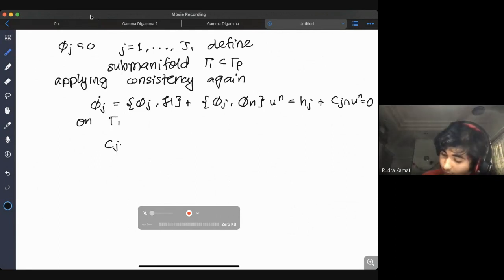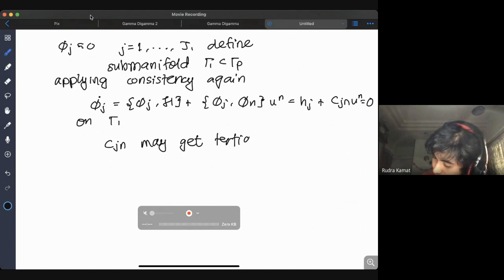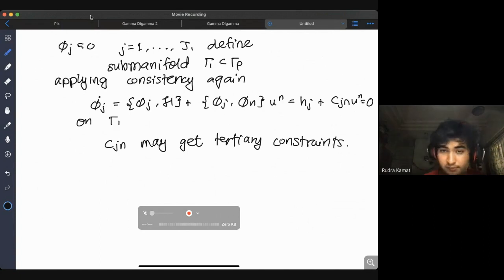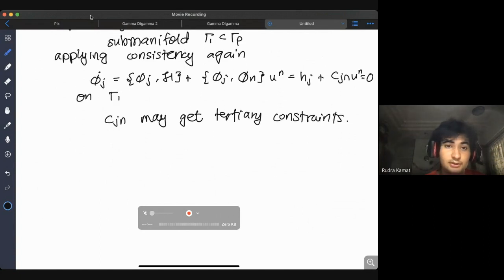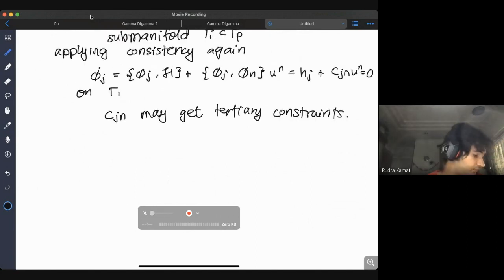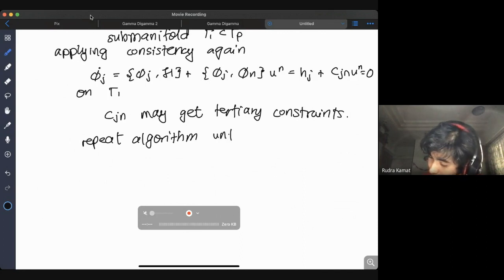Now, depending on the determinant of Cjn, we may get tertiary constraints, and we basically keep doing this process until we reach a stopping point. Either the determinant is non-zero or it's just trivially satisfied. So we repeat the algorithm, that's why it's an algorithm. We need to keep repeating the algorithm until consistency is attained.